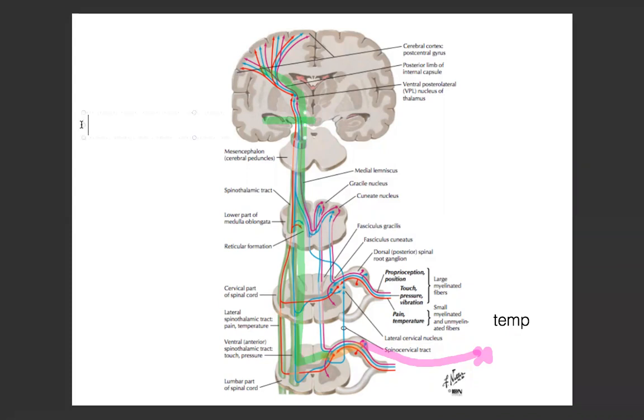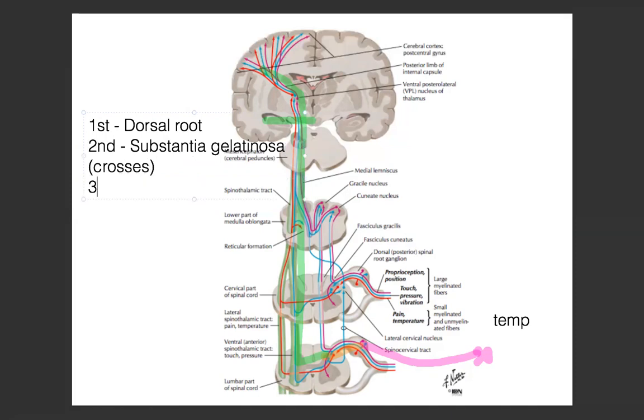So in this case, the first order was in the dorsal root again, but the second order was in substantia gelatinosa, and then it crossed over, and then it went to the thalamus for the third, and then the brain. So the order of the spinothalamic is this way.